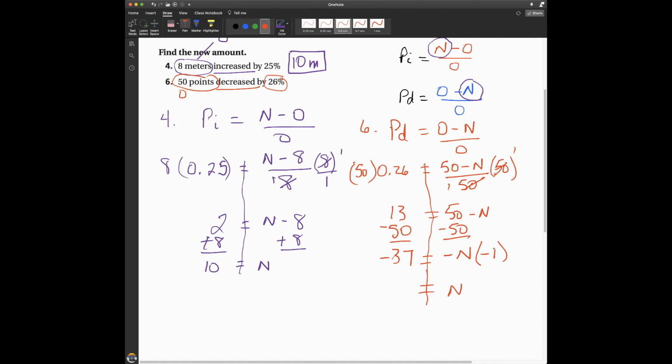Negative n times negative 1 is just n. But I also have to multiply this side by negative 1. So negative 1 times negative 37 is 37. So 50 points decreased by 26% is 37 points.